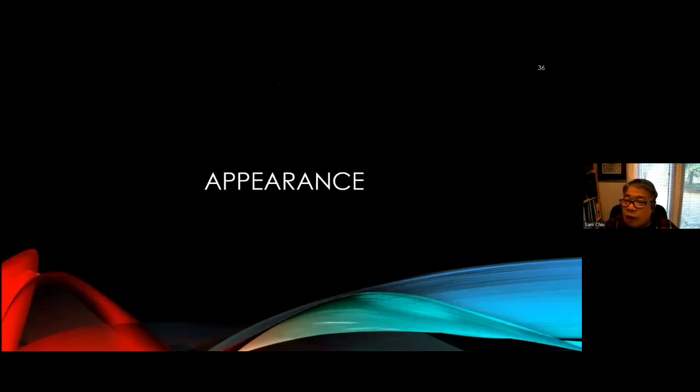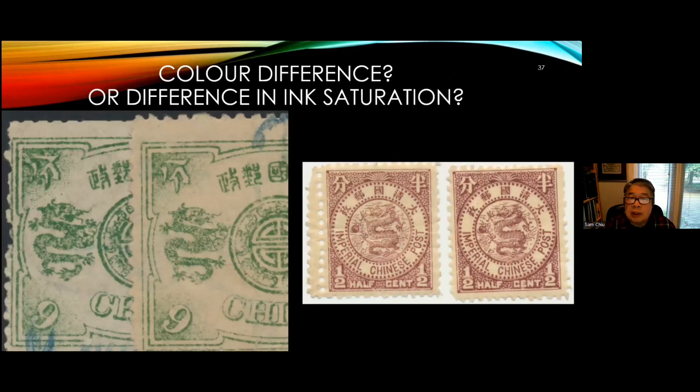Now it comes to a very different issue, because everybody said the color is different. Is it? Now I want to introduce to you the concept of appearance. I'm showing you two stamps here. Is that a difference in ink saturation, or is it a color?